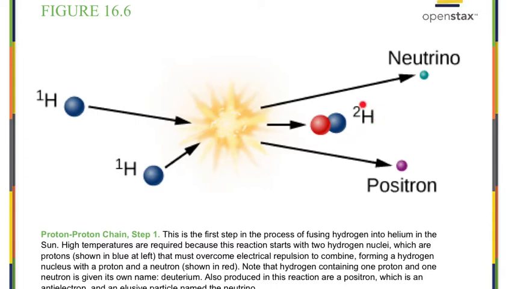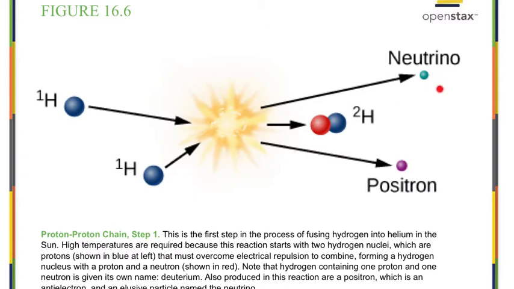Then he found this deuterium nucleus at the end and could measure its energy. And then he could measure the energy of this positron, and he noticed that the sum of the energy here was not adding up to the sum of the energies here. By conservation of energy, it should. And so he said, there must be another particle slipping away that I can't detect. And sure enough, he was right. Eventually they detected this particle, and it was called the neutrino.